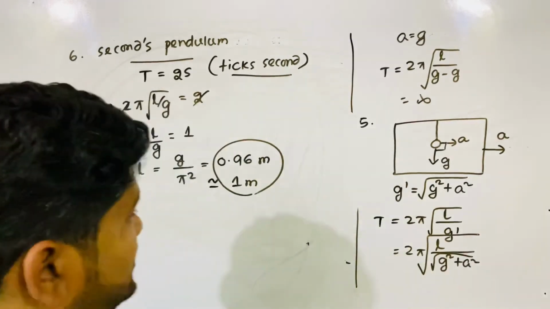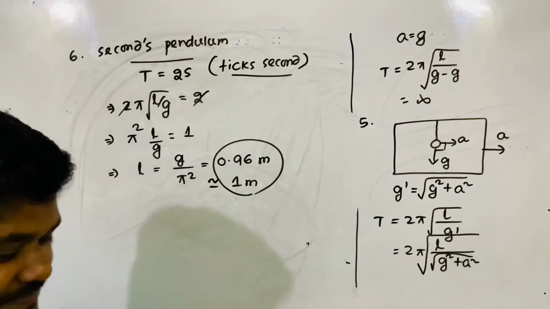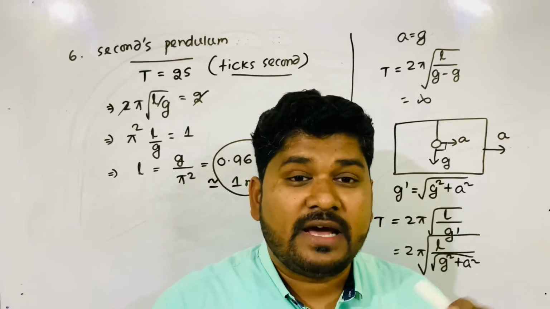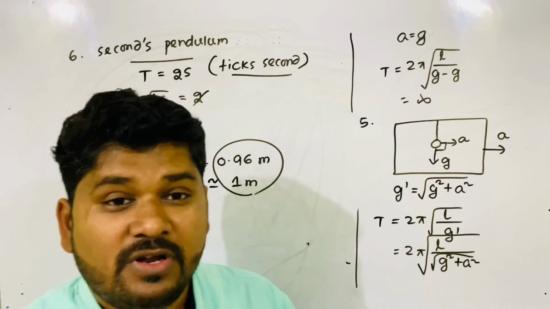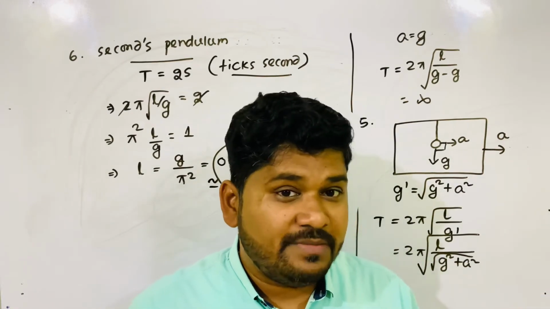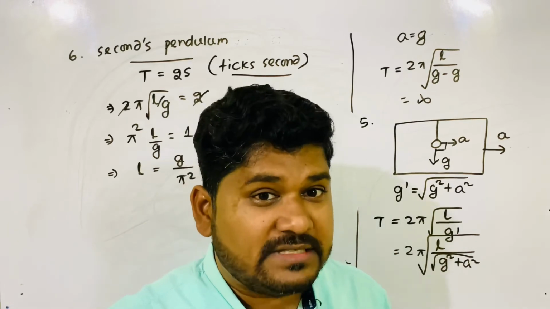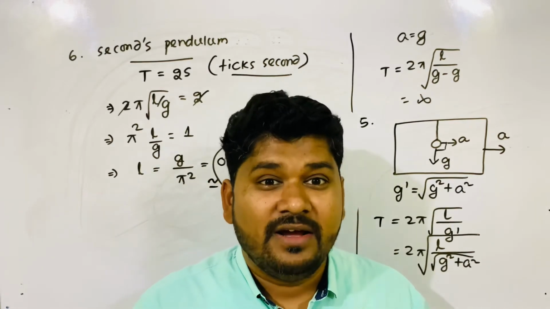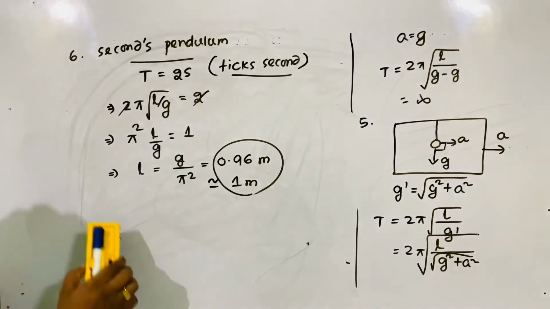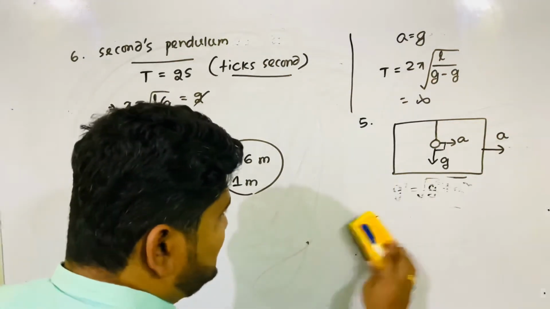In the exam, the question will be asked, what is the length of seconds pendulum? Calculate the length of seconds pendulum as a 2 marks question. In the 3 marks derivation of simple pendulum, if this 2 marks seconds pendulum is attached, then the total will be how much? 5 marks long question. So this is point number 6.